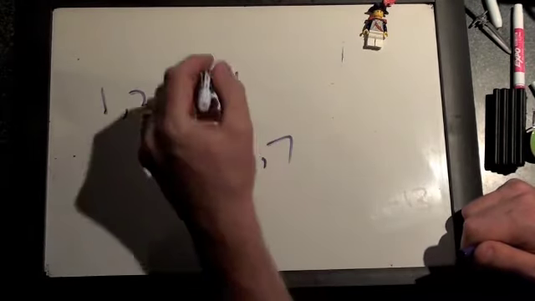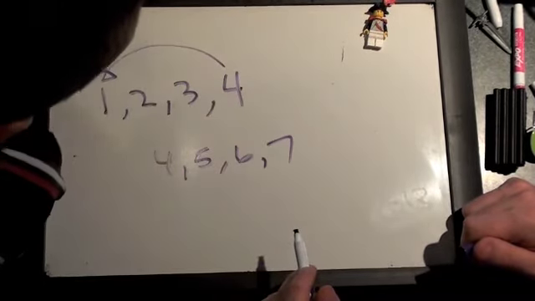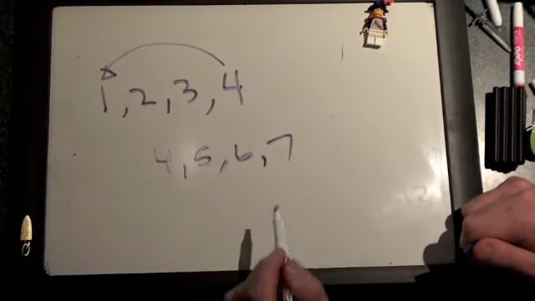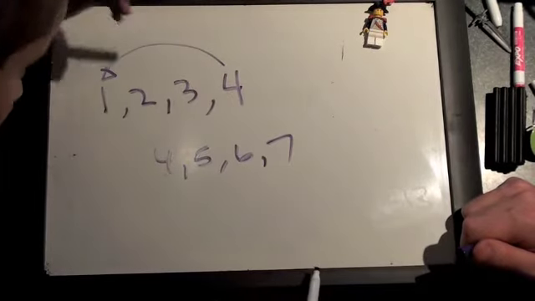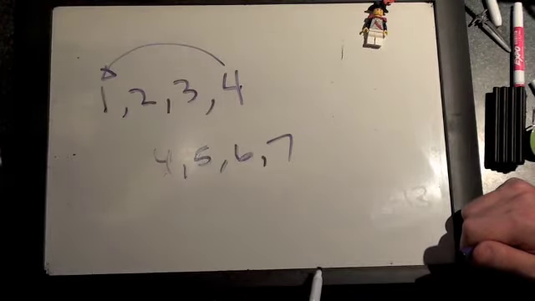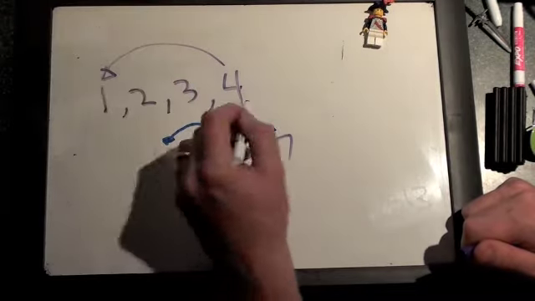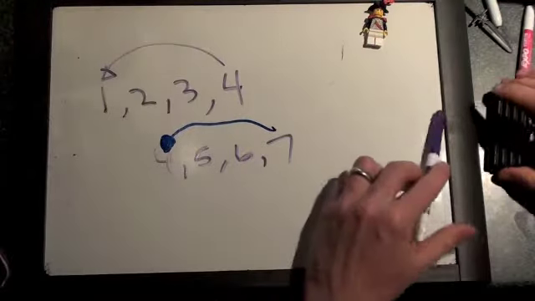Now what happens when we take the last number minus the first number? 7 minus 4 is 3. So you always have to add 1 if you're counting the numbers and you include the first and the last one, like we're doing. If you do the subtraction, you always have to add 1.